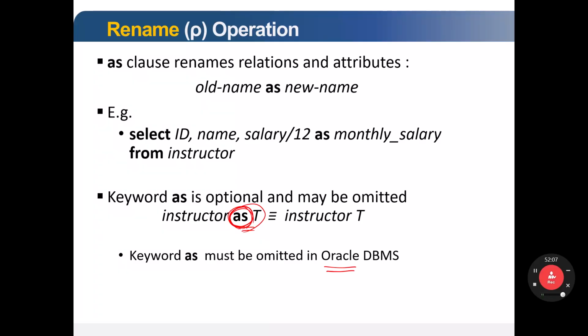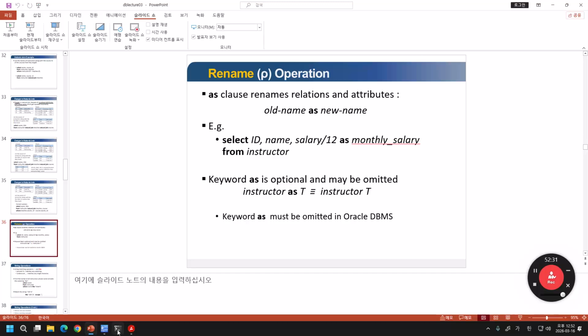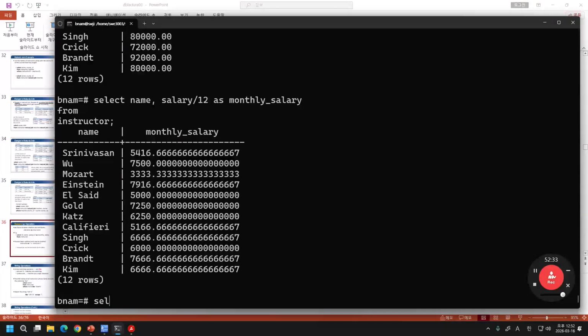In Postgres, I haven't tried, but I believe you can use the as operator, and you may not have the as operator. Just put white space between the new name and old name, then this table name will be renamed to this alias. Let me try it. Select t.name from instructor as t.